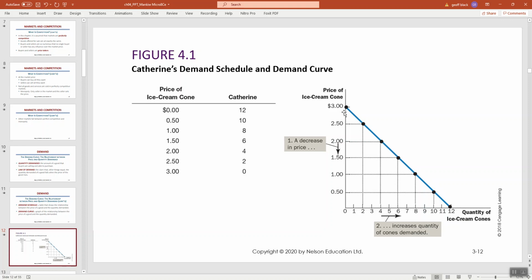It shows you that, for example, at this price here, quantity demanded is 0. So if the price of ice cream is $3, quantity demanded is 0. If ice creams are free, Catherine will demand 12. Okay? And then every point along this curve is just a different price and quantity demanded trade-off. Okay, so the big takeaway here is as price goes down, quantity goes up. Okay, pretty straightforward.